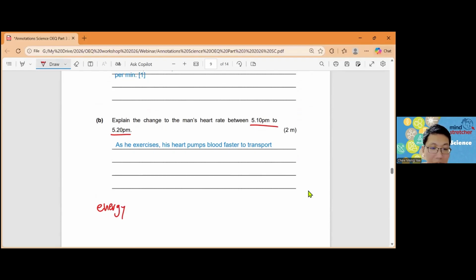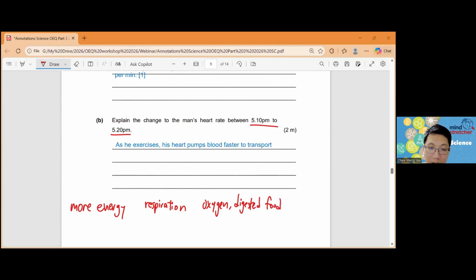Energy comes from respiration. I'm just writing the key phrases below. So I need more energy, I need respiration, I need the things required for respiration. So oxygen, digested food. All this should be in your answers.